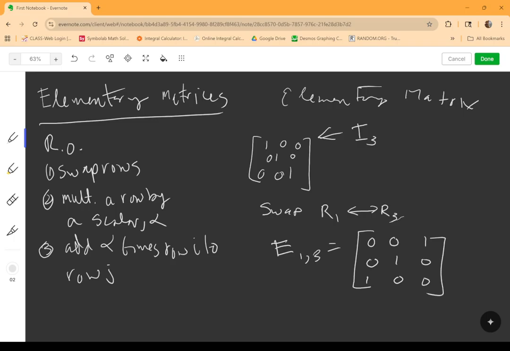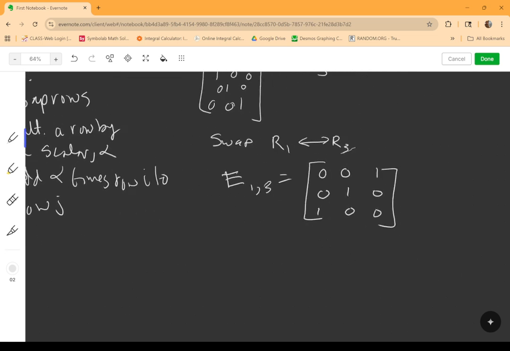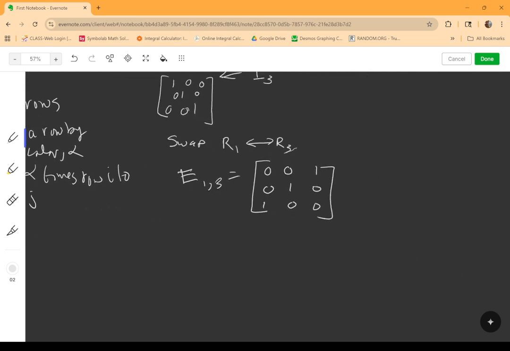Notice that this was just a swap of rows 1 and 3 in our identity matrix. And if you left multiply this by a matrix A, this has the equivalent row operation. It swaps rows 1 and 3.